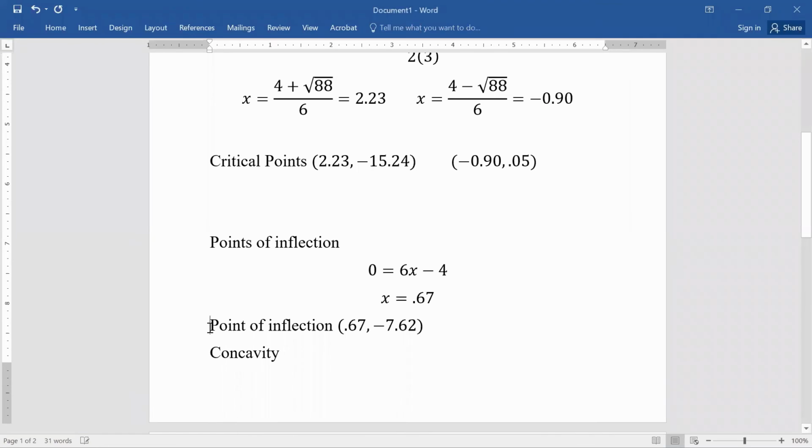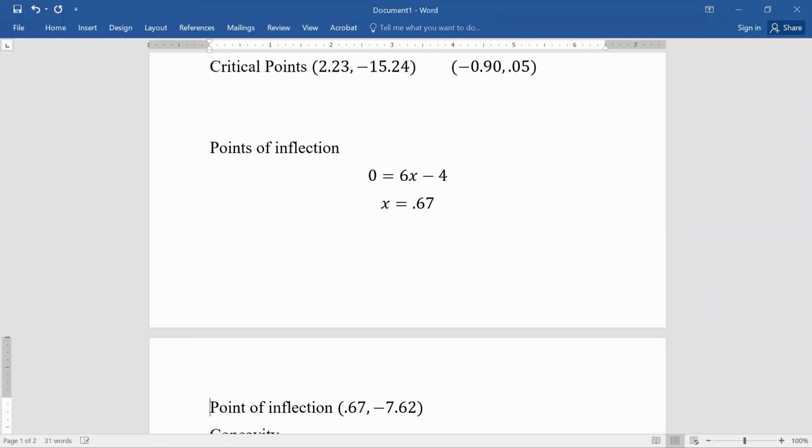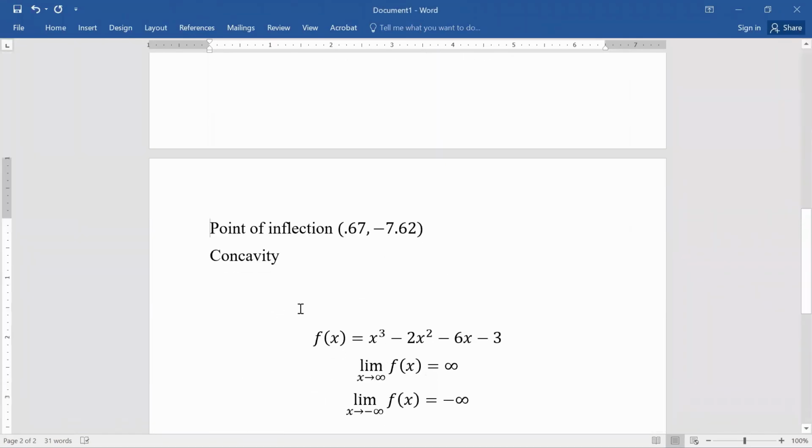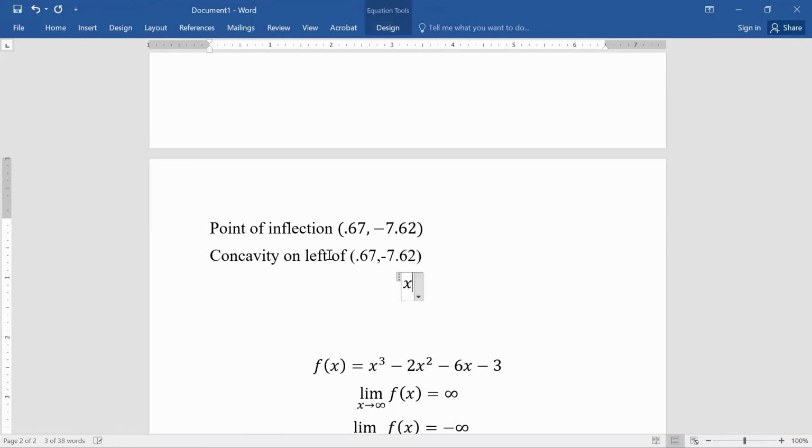If I want to figure out the concavity, well, the point of inflection is the only place where we could change it. So to the left of that point, I just need to pick an x value of something less than 0.67. I'm going to pick 0. And remember, I need to plug that into the second derivative.